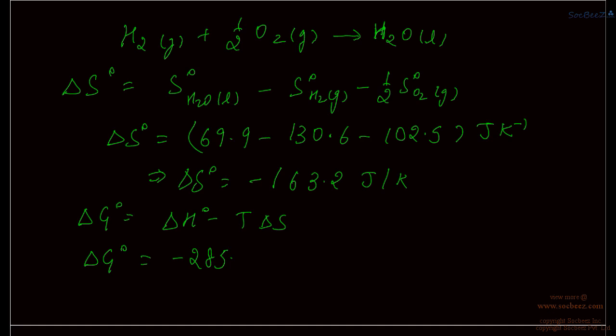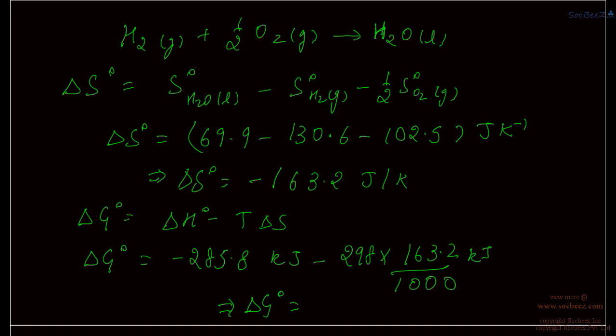Delta G comes out to be minus 285.8 kilojoule minus 298 into 163.2 upon 1000, because 163.2 is in joules, so to convert it into kilojoule we have divided it by 1000. Now if we solve this further, we get the value of delta G naught as minus 285.8 kilojoule plus 48.6 kilojoule, since this is in minus, therefore this will be plus 48.6.